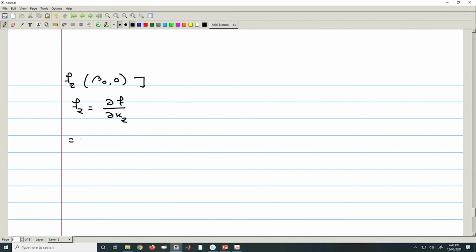So, again differentiating equation number 9 with respect to k_z, we will get minus of d upon epsilon 1 times 2 k_z minus of 2 k_z a minus d upon epsilon 2.